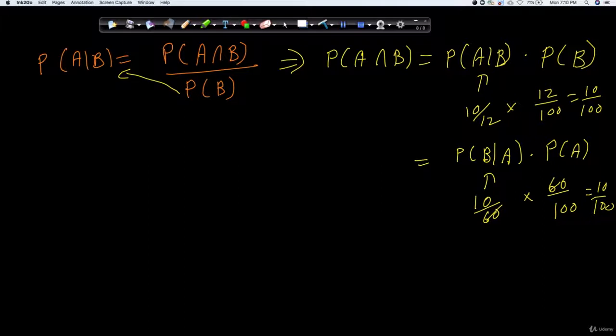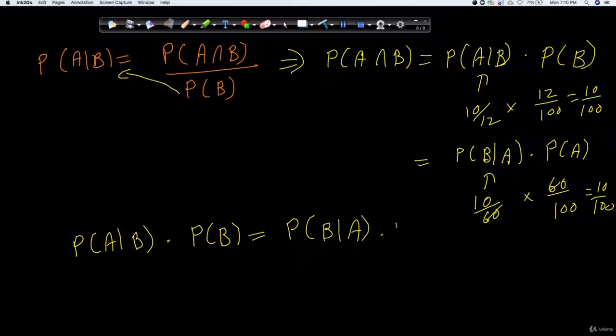So can I say here that probability of A intersection B times probability of B is equal to probability of B given A times probability of A, this part and this part? Can I equate them? Yes.